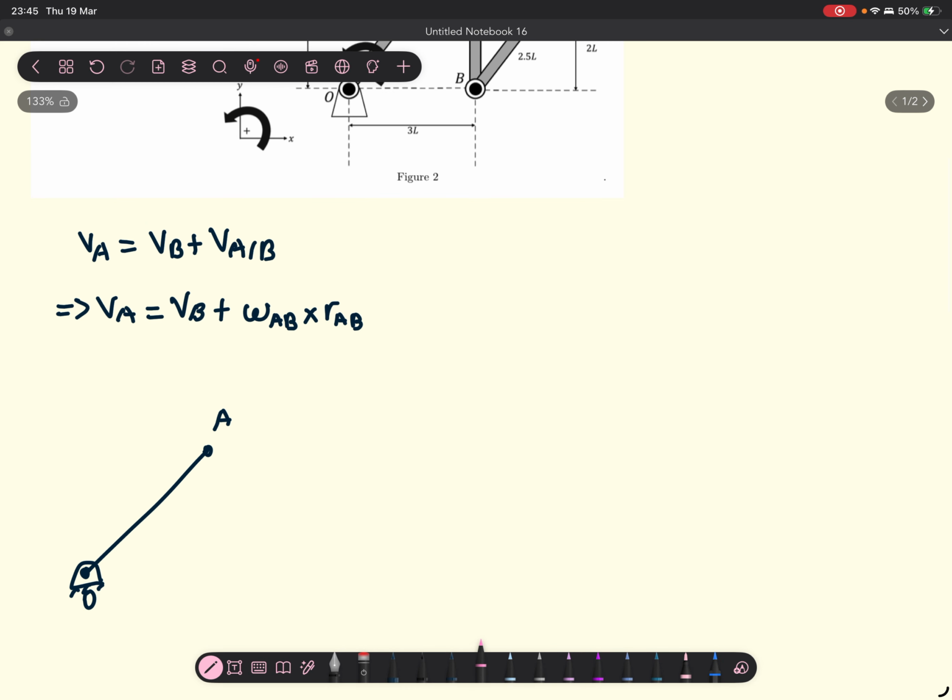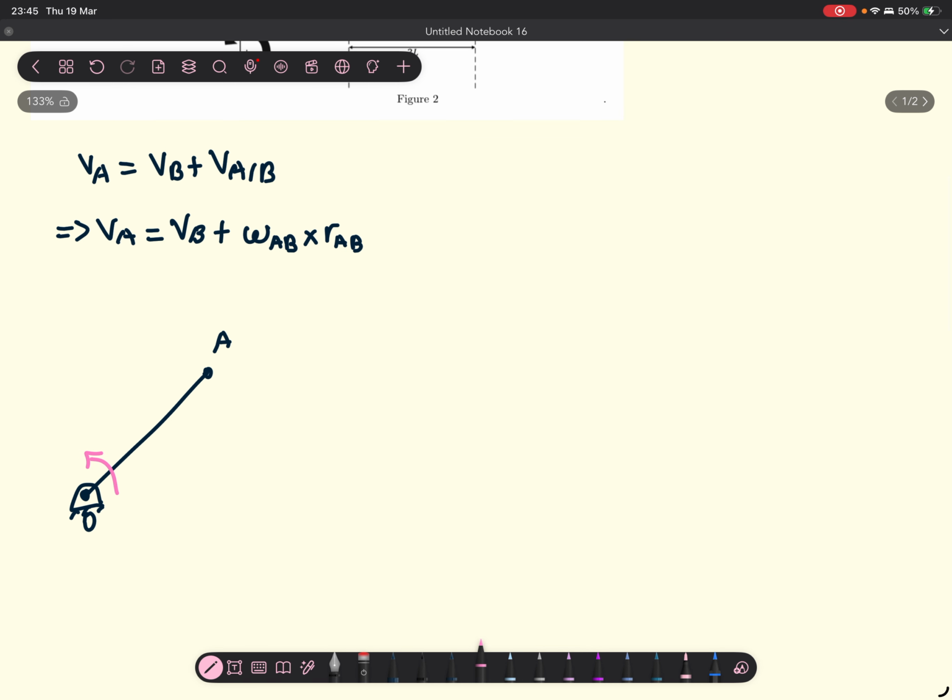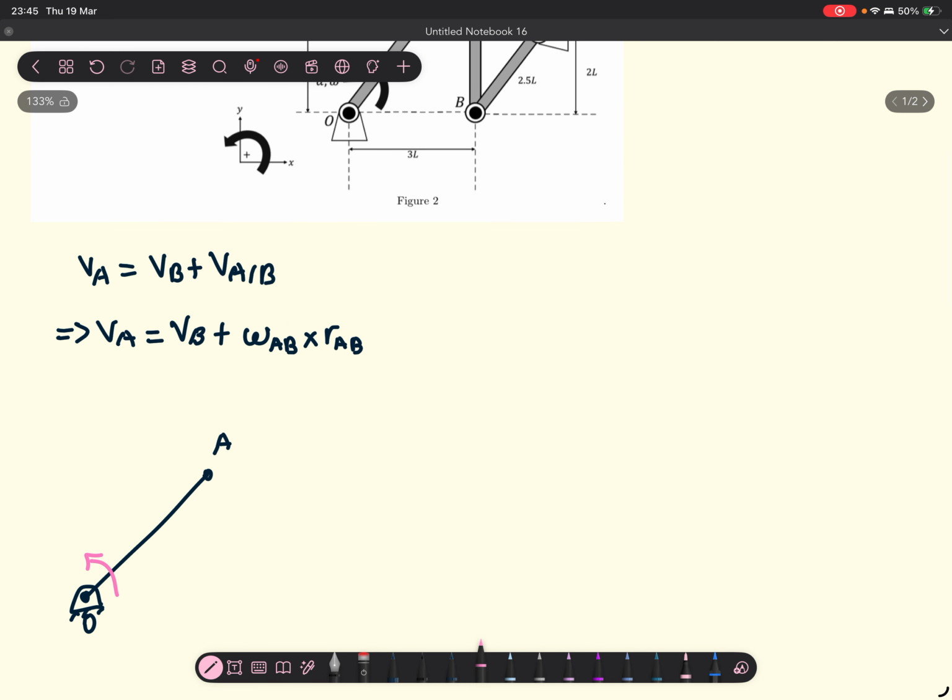Link OA is going through fixed axis rotation, so it's rotating about point O, and then we can write the relative velocity equation between point A and point O, right? And VO is going to be 0 because O is a fixed point, so VA is going to be VA relative to O, which is just going to be omega OA crossed with R, right?